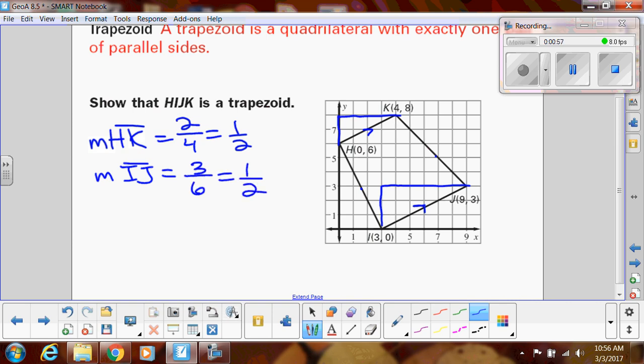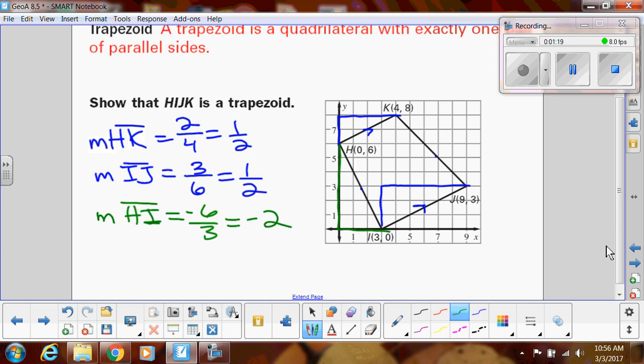So we have one pair of parallel sides, but now we need to show that the other ones are not. Otherwise, we'd have a parallelogram. So I'm going to do HI next. So HI, this is going down 1, 2, 3, 4, 5, 6 over 1, 2, 3. So that's -2.